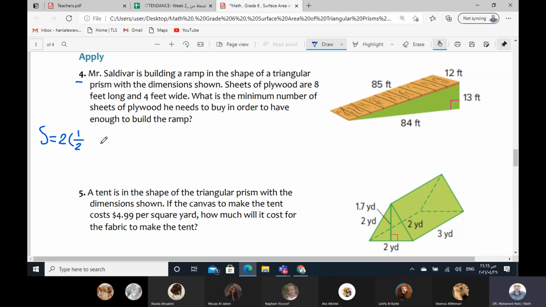The base will be 84 times the height will be 13, plus, and here we have the top rectangle, the length 85 times the width 12.